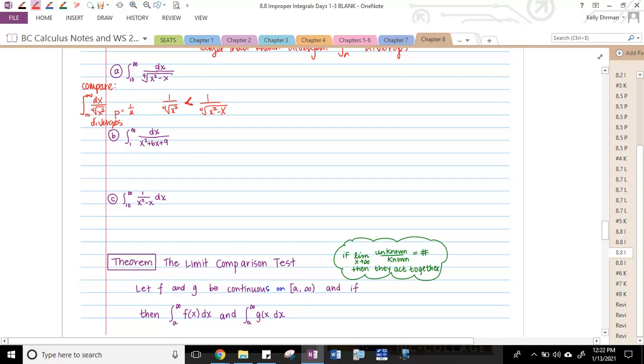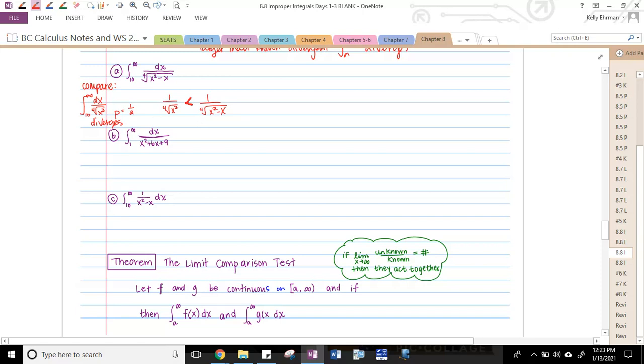And if you get confused about that, just plug a number in. So again, if I plug in 2, I get 1 over the 4th root of 4 compared to 1 over the 4th root of 4 minus 2. So 1 over the 4th root of 2. 1 over the 4th root of 4 is smaller than 1 over the 4th root of 2. Right? 1/4 is smaller than 1/2 if you want to take the 4th roots out.